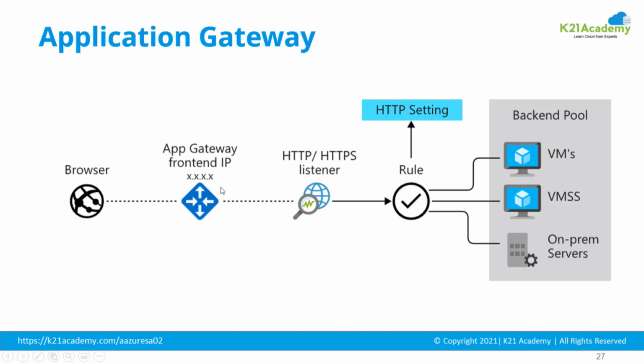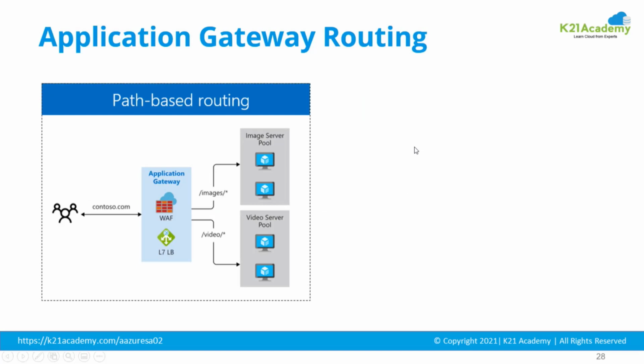The advantage of application gateway is that you can use HTTP rules, like path-based routing. You can say if the URL is /images, forward it to this pool of servers. If the URL is /video, forward it to this other pool of servers.